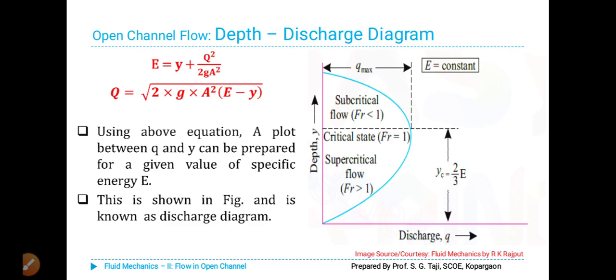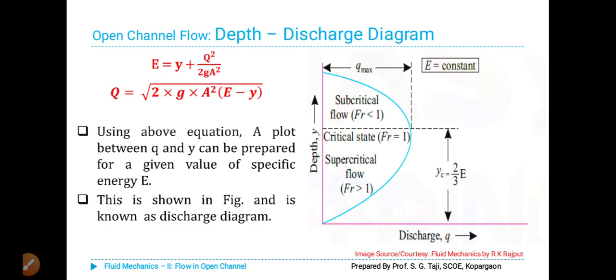Now we will see the relationship between depth and discharge, which we can plot using the above equation. Q is equal to the square root of 2g, A squared, multiplied by (E minus y).